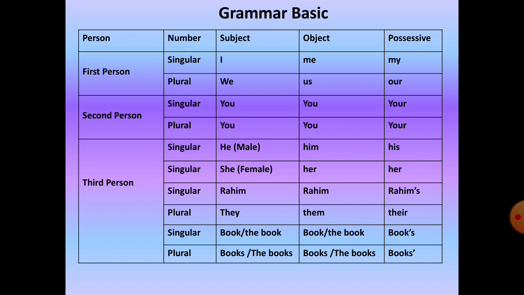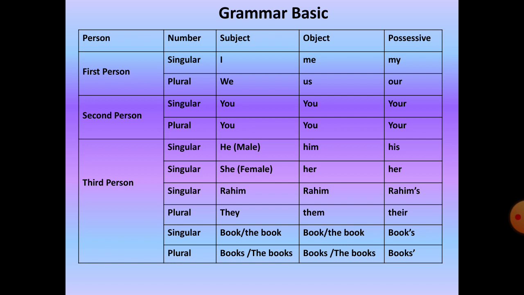Rohim will be Rohim. That means any name refers to his name or her name or its name. The object form of they becomes them. Similarly, book, the book will not change the form of the object. They will be the same in subject and object.